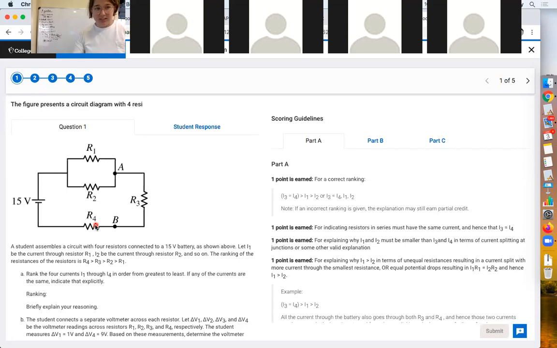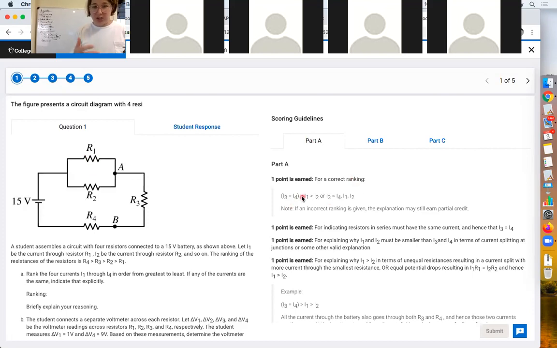If they are in parallel, like these, where your electron has a choice, then it absolutely does matter because they can choose which one they go down. If it's a forced path, then it's going to just be the total. Whatever the total is, it's going to get it. And since resistor 1 here is less, it's going to get more current. So this is the correct ranking.